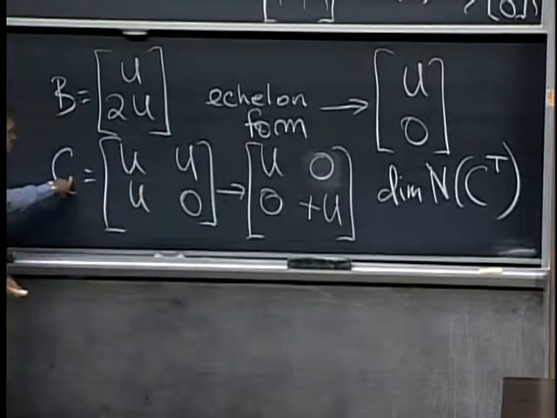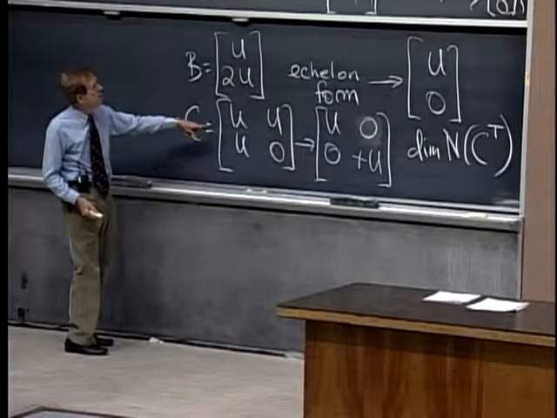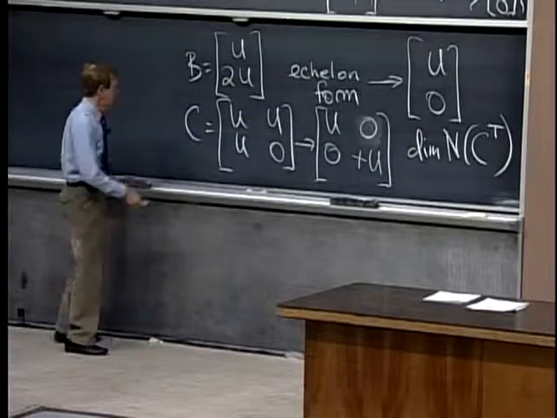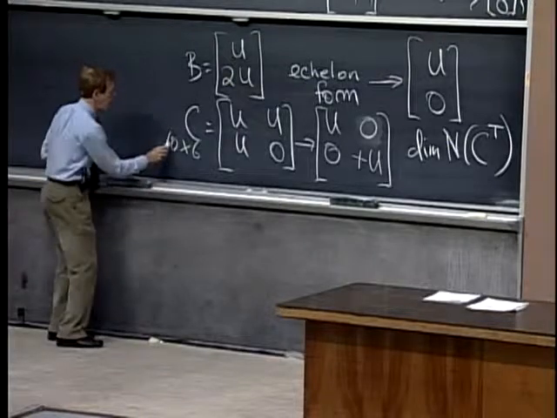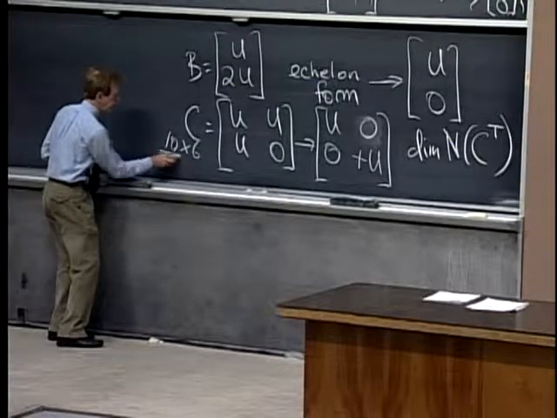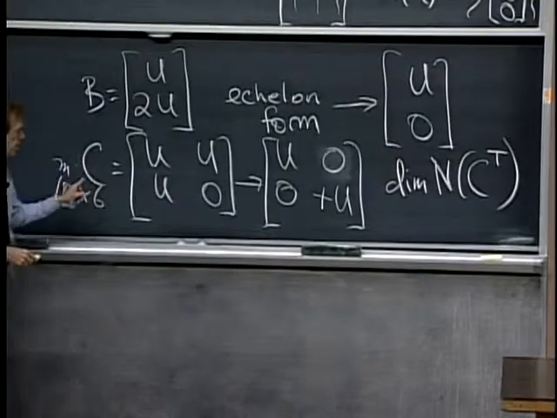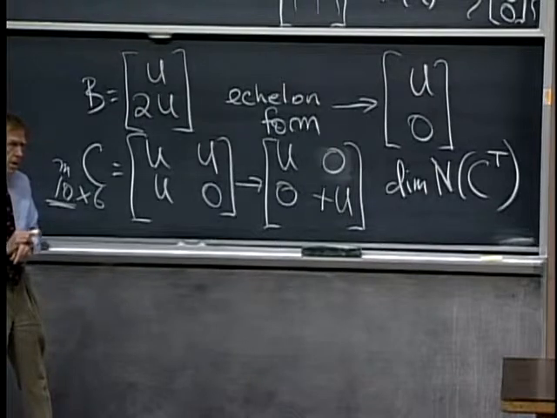So what's the size of the matrix C? It looks like it's 10 by 6, is it? 10 by 6, so C is 10 by 6. So M is 10. So C has 10 rows. C transpose has 10 columns, so there are 10 columns there.